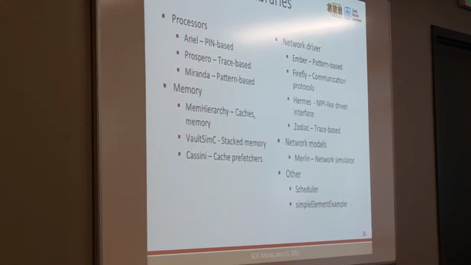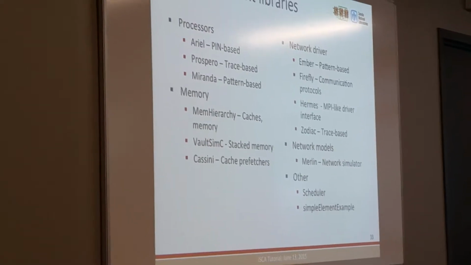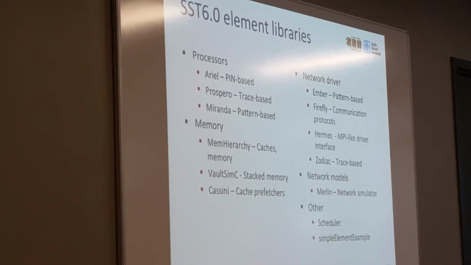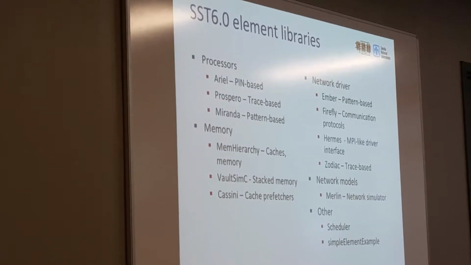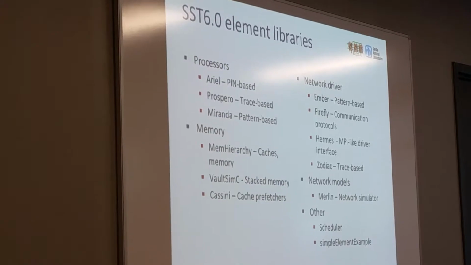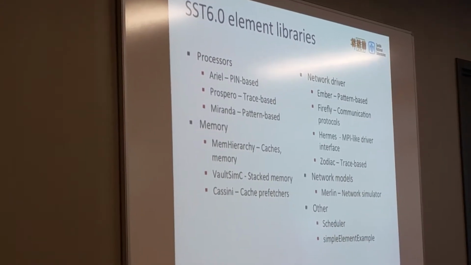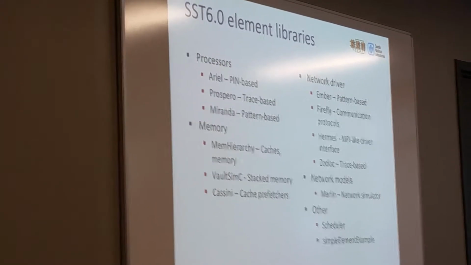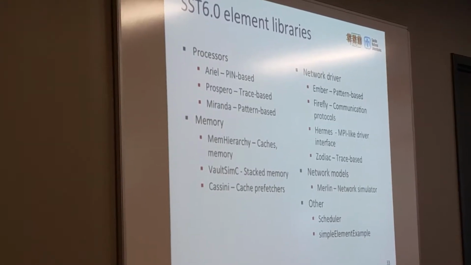For memory, probably the central building block for a lot of memory simulations is memHierarchy, which provides caches, simple memory implementations, coherency modeling, and a variety of other tools. We'll talk a bit about that.